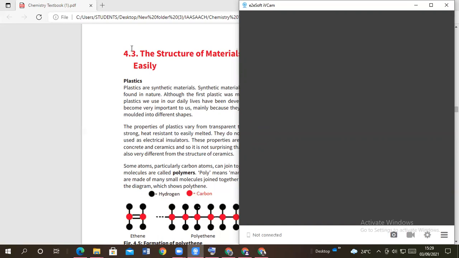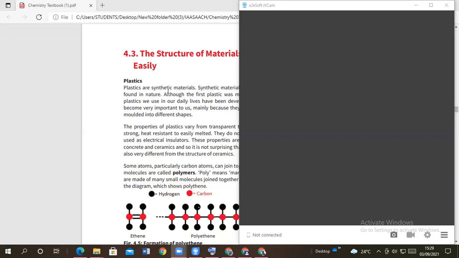Brian, help Anena. Why don't they use concrete for making pots? Because concrete cannot be molded easily. Those are some of the reasons.